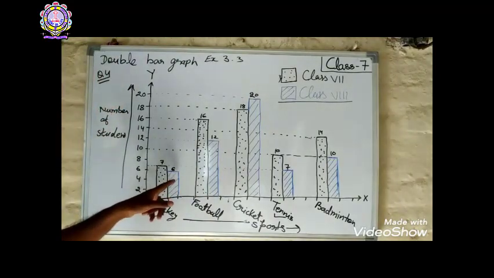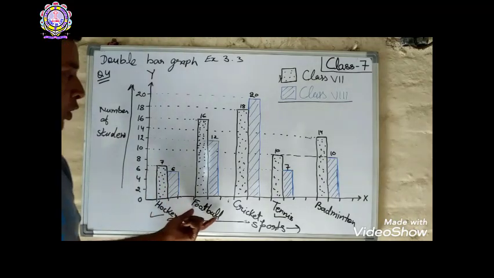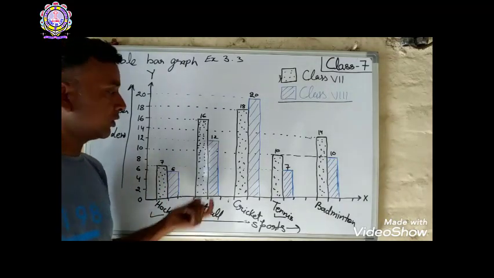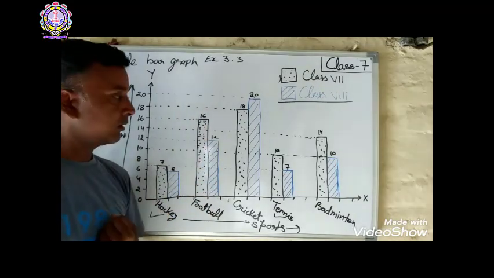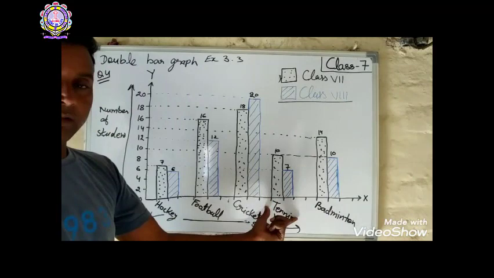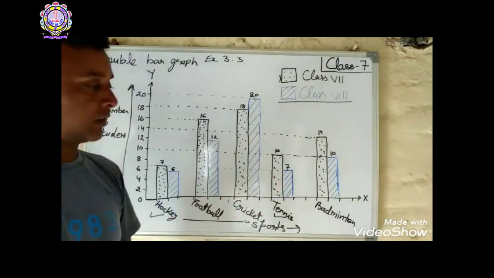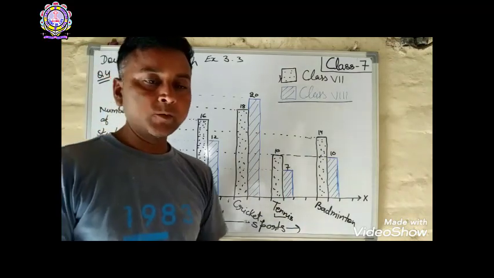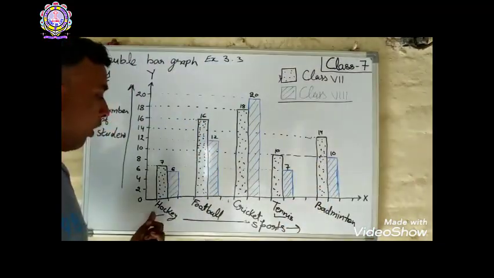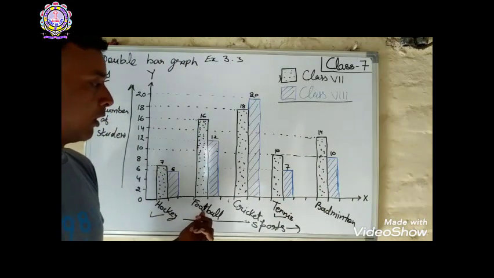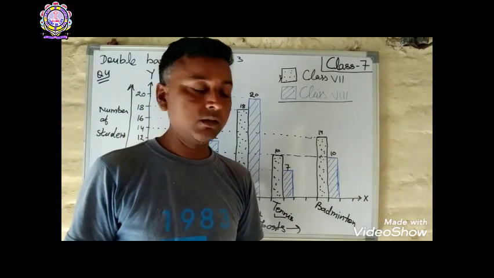Here 8th class students are less than 7th class students. Football. Here also 8th class students are less than 7th class students. Tennis. Here also 8th class students are less than 7th class students. And badminton. So you just write 4 sports and name them: hockey, football, tennis, and badminton. That's all.